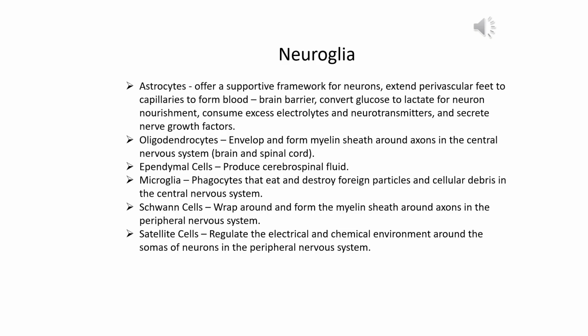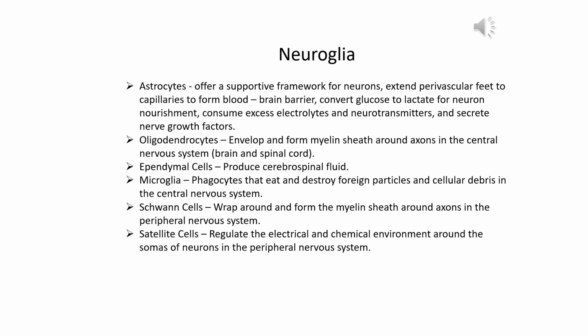Okay, the ependymal cells, those are the little cuboidal epithelial cells that are present in the ventricles of the brain, and they make the cerebrospinal fluid. Well, that really isn't true because cerebrospinal fluid is largely blood plasma.